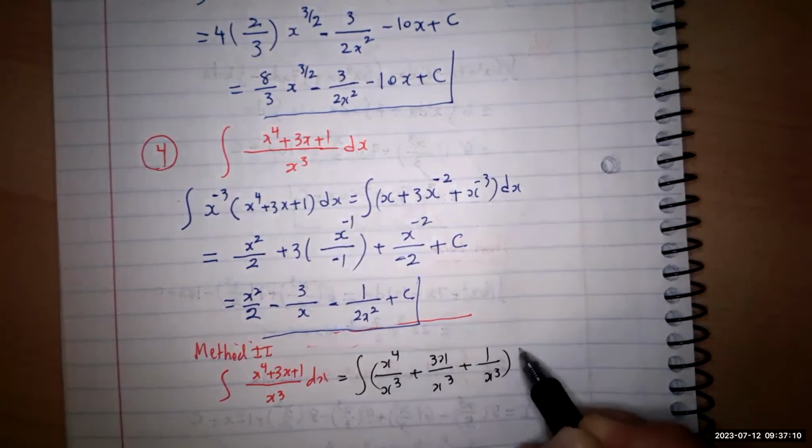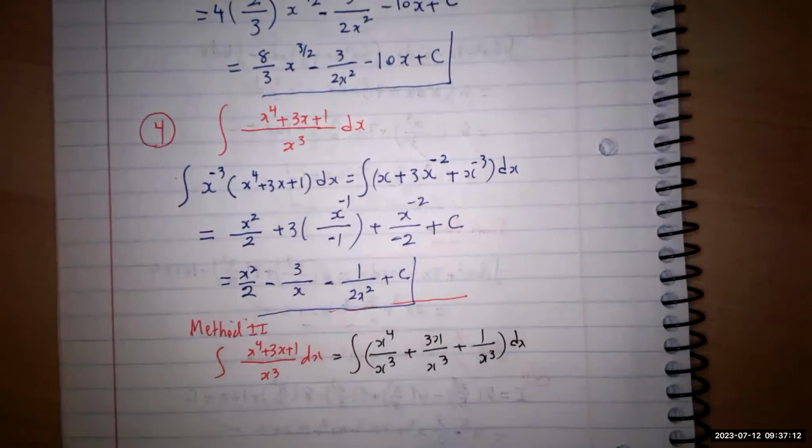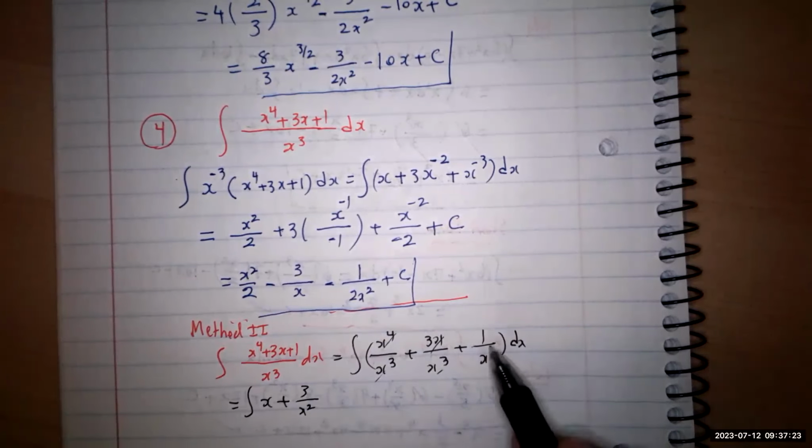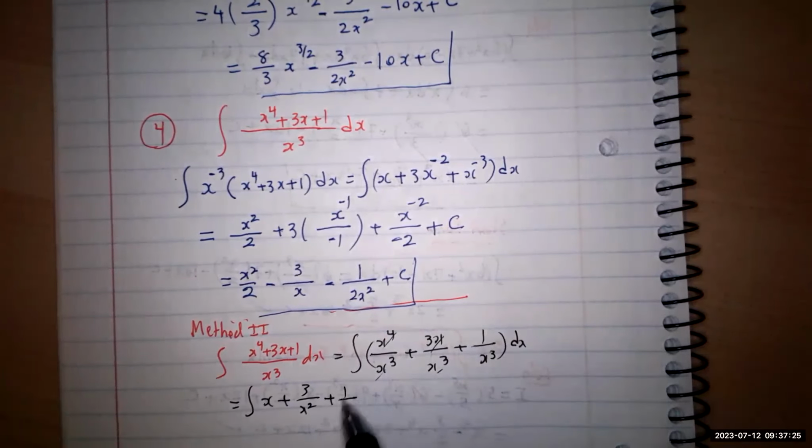They break it. Then they simplify it. X to the 4th over x cubed would be x. 1x would cancel out, so that gives a plus 3x squared. And over here would be just 1 over x cubed. You see? This is the way they get rid of it.